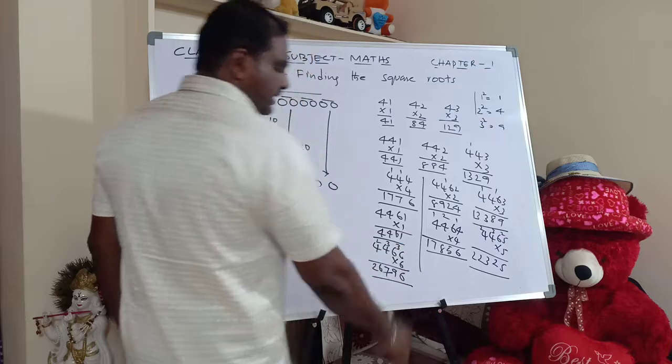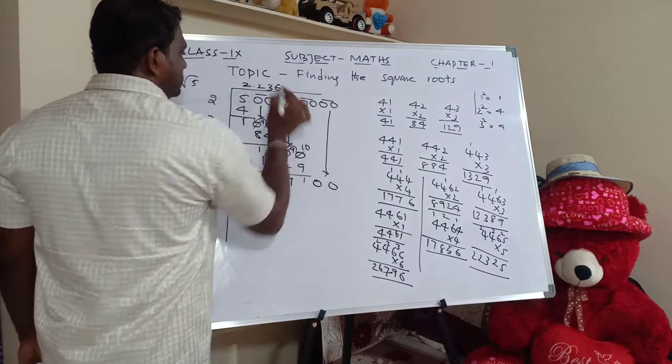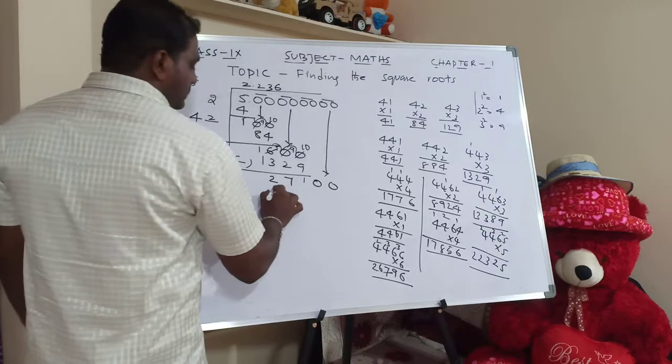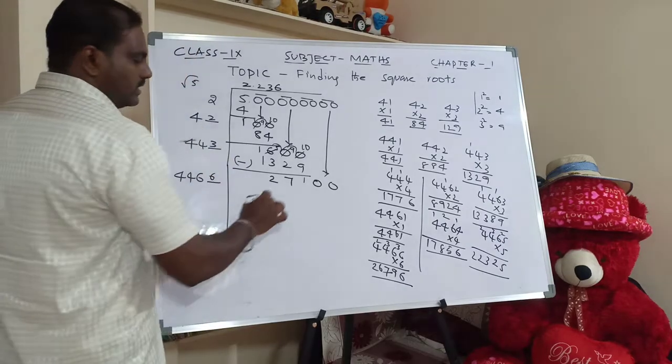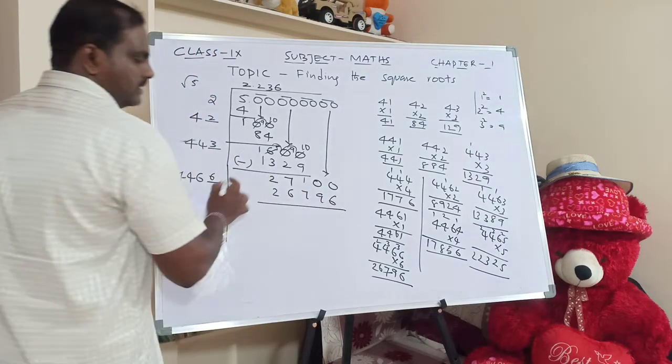Now, which is that? 6. I should write 6 here. 26,796. What is the next step?